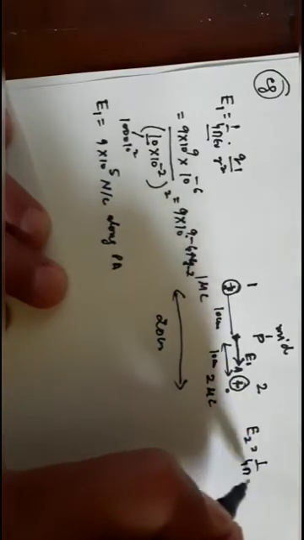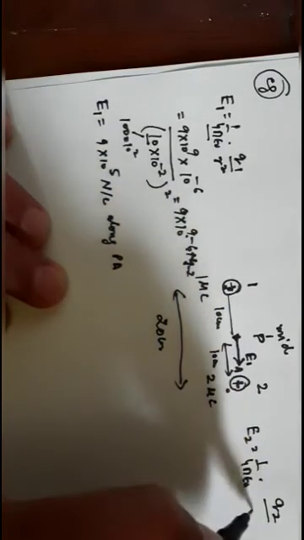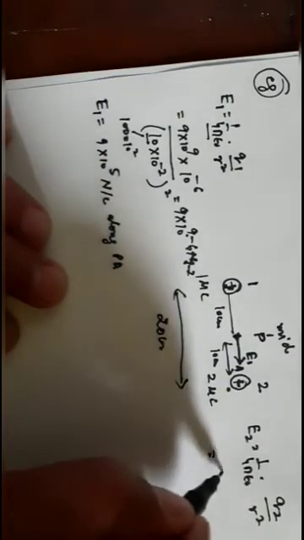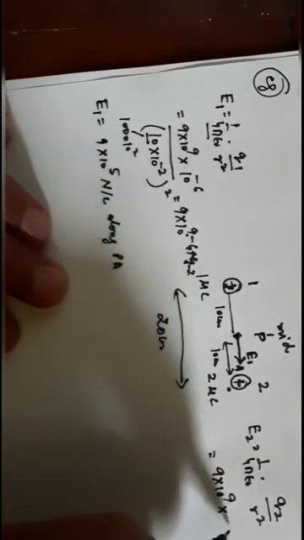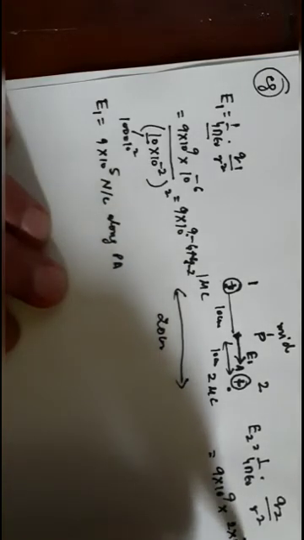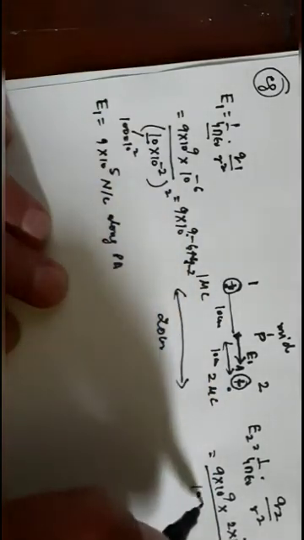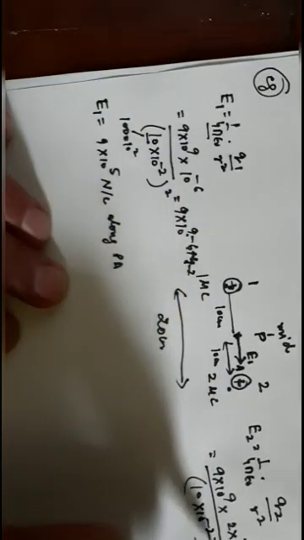Same, 1 upon 4 pi epsilon naught, second charge Q2 divided by distance squared. Here the distance is the same because P is lying at the middle. 9 into 10 to the power 9. The charge is 2 microcoulomb, 2 into 10 to the power minus 6, divided by the distance, which is again 10 into 10 to the power minus 2, changed into meters, squared.